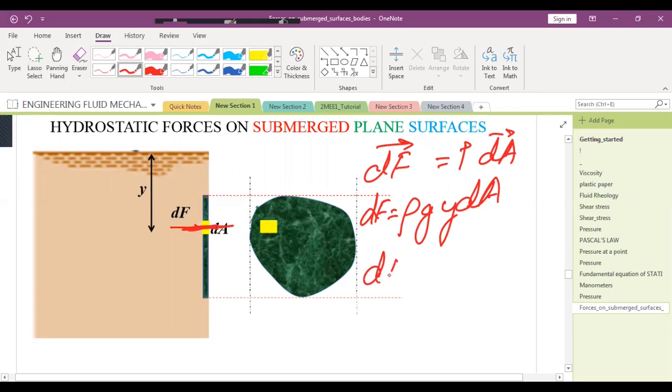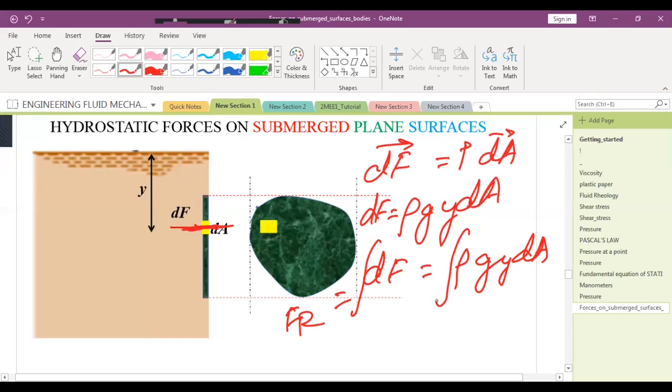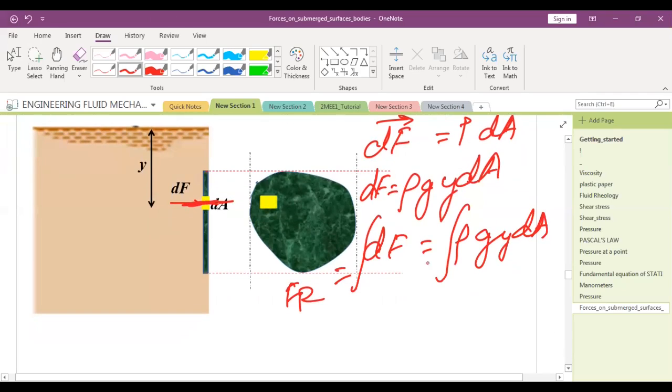If I take the integral, I get the resultant force Fr. This is equal to integral of rho g y dA. And again, I know this rho g can be taken out. So I get integral of y dA. This is equal to resultant force Fr.